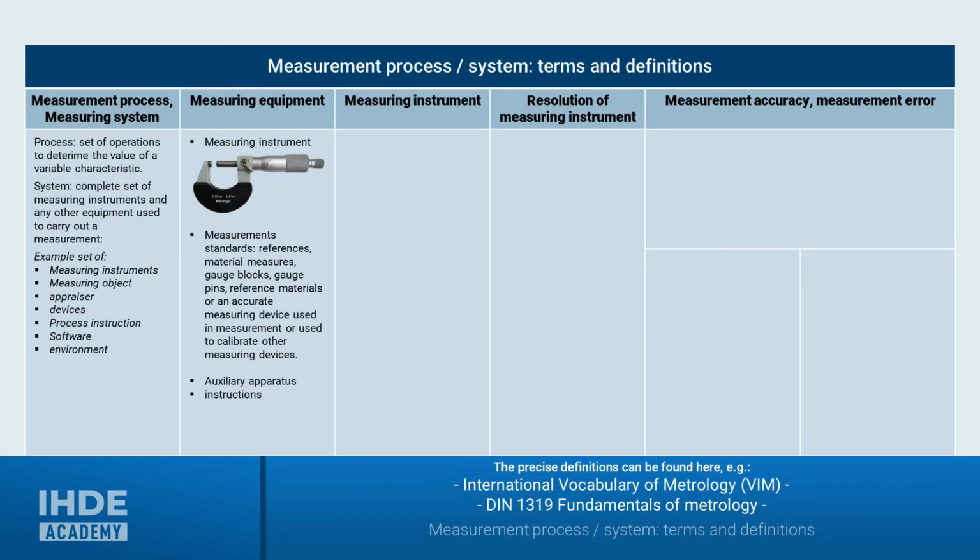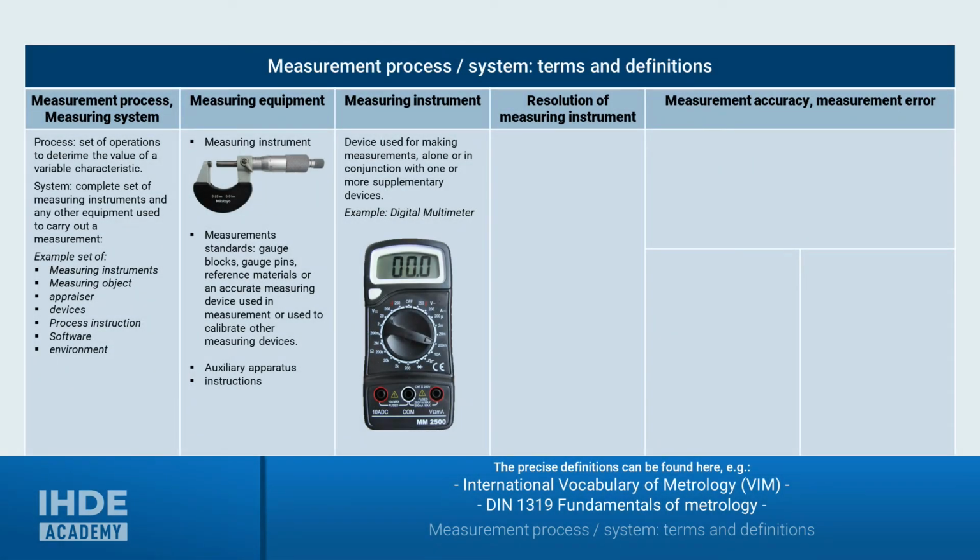Measuring equipment can be a measuring instrument like a caliper or micrometer, but it can also be measurement standards like gauge blocks, gauge pins, reference materials, or an accurate measuring device used in the measurement or used to calibrate other measuring devices, or any auxiliary apparatus or instruction, and so on.